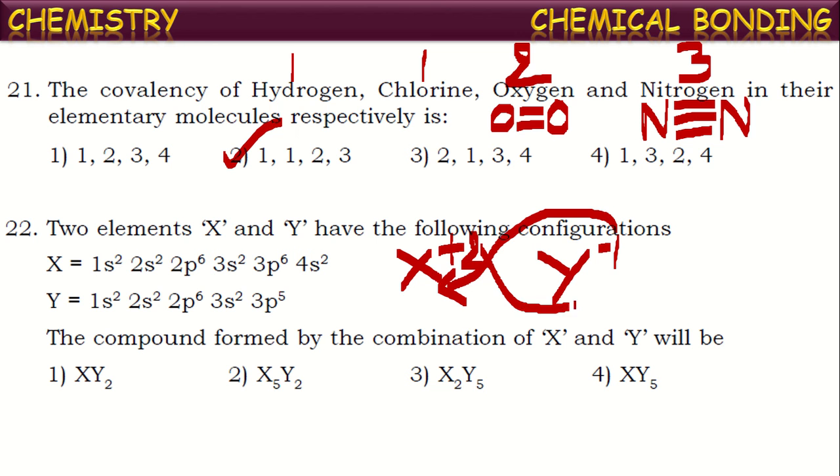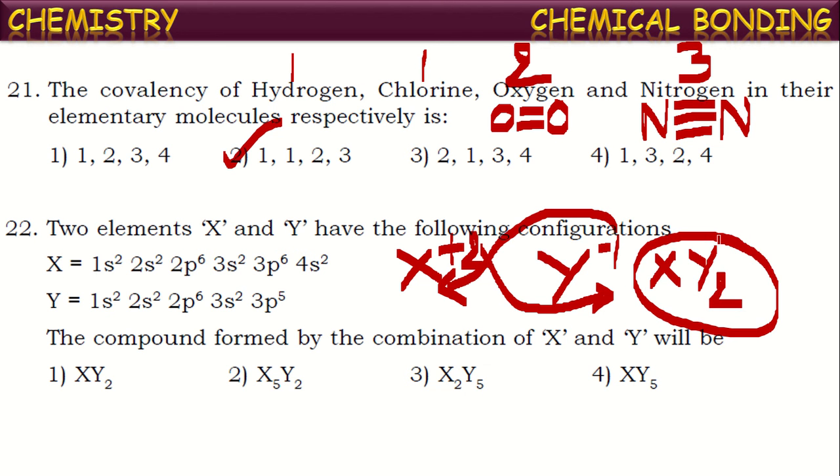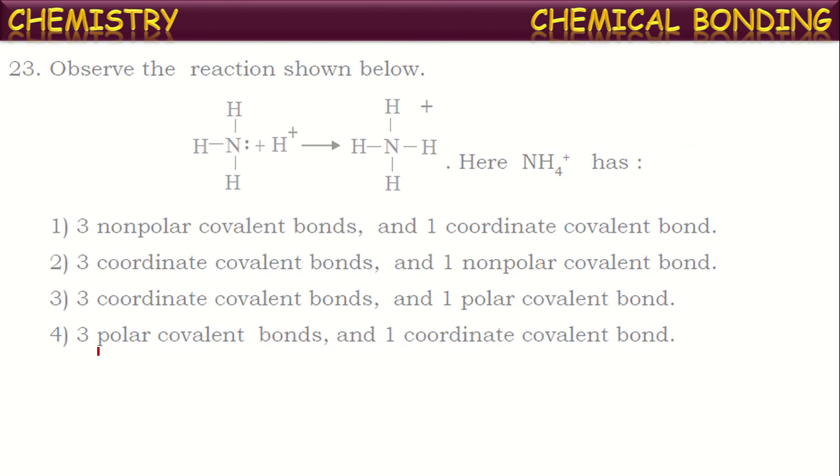This will be written here, this will be written here. If it is 1, there is no need to mention it. Now the molecular formula will be X1Y2. This is the molecular formula of the compound formed between X and Y, that is XY2. Here it is. Okay, next.